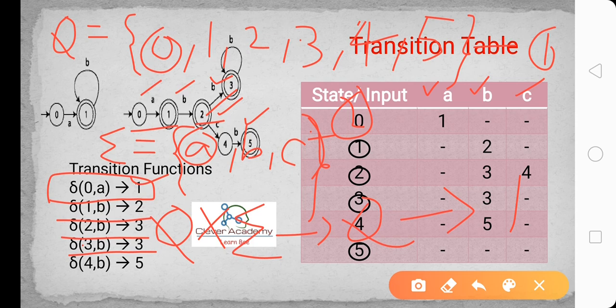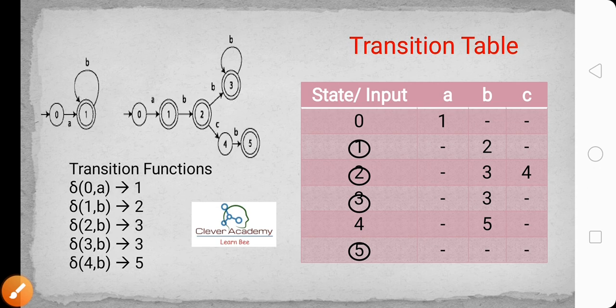You have 2 comma C, which moves to 4. Then 4 comma B is 5.